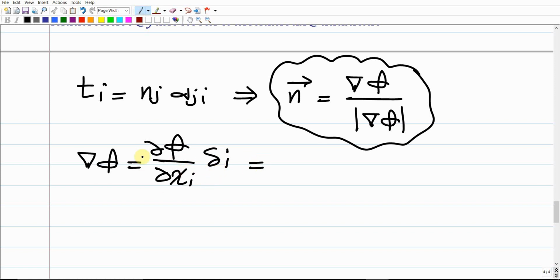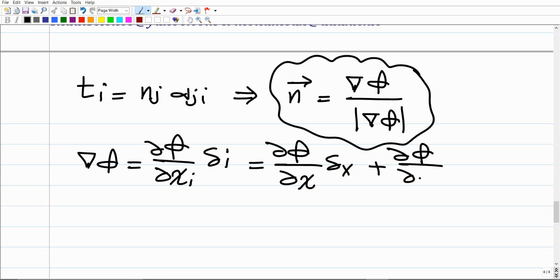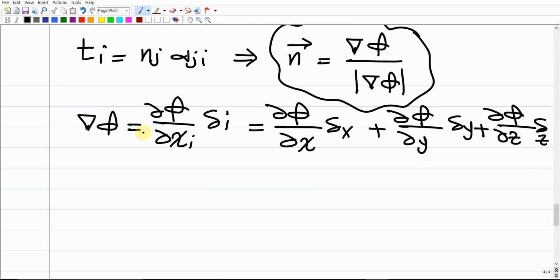We can write this into different components. So we're going to have the partial derivative of phi with respect to x, delta x, this is the x component, plus the partial derivative of phi with respect to y, delta y, plus the partial derivative of phi with respect to z, delta z. Make sense? So this is in terms of the components, and these are the different components, or the sum of these different components, of this gradient.